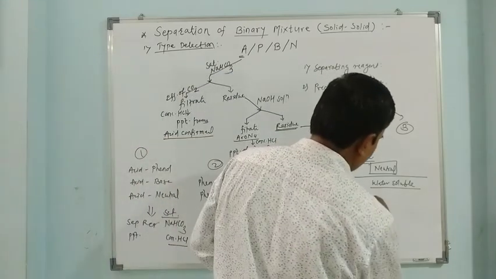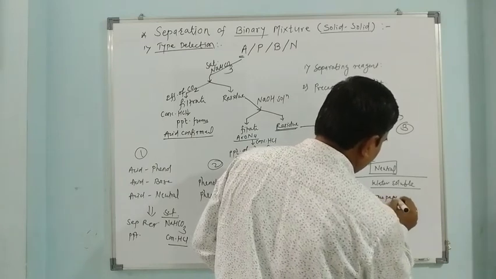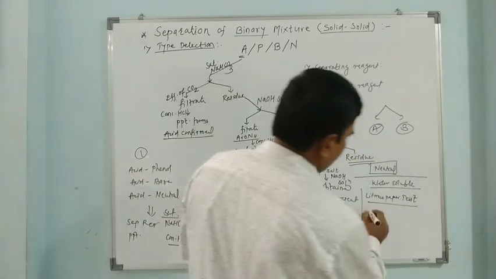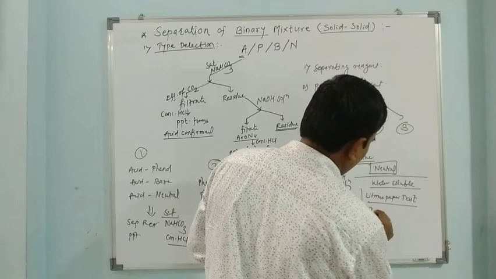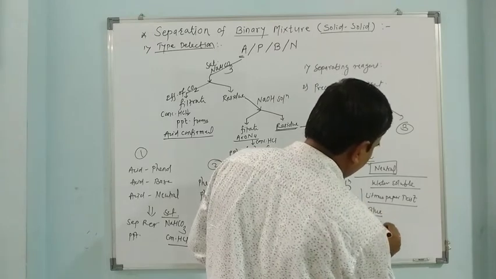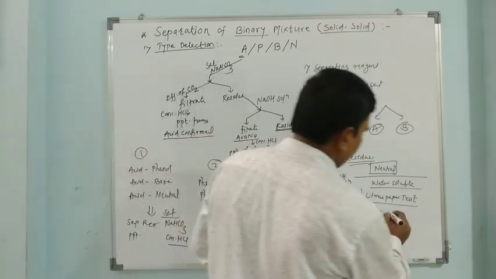So we can check here the litmus paper test. We need two litmus papers: one is blue litmus paper and the second is red litmus paper. If blue litmus paper turns to red, it can be acid or phenol.